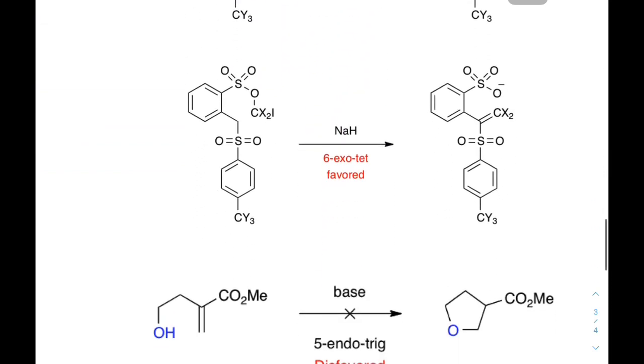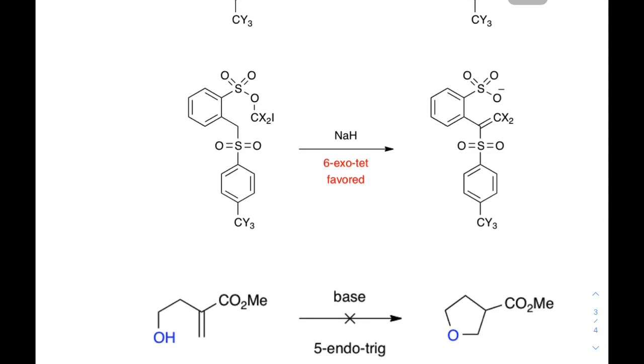But in this case, if we replace X with a good leaving group, iodine, in the presence of base, this negative charge over there will attack the carbon center and kick the iodine out and form this type of intermediate.